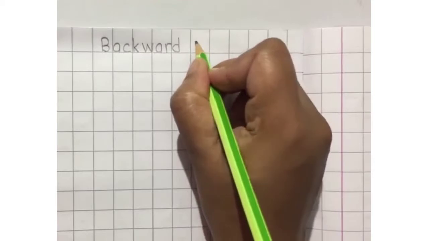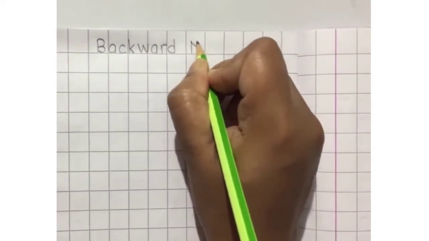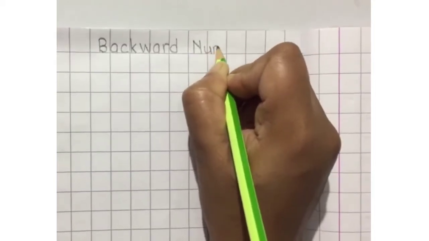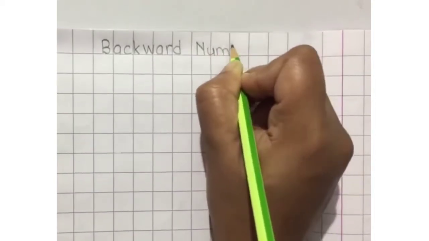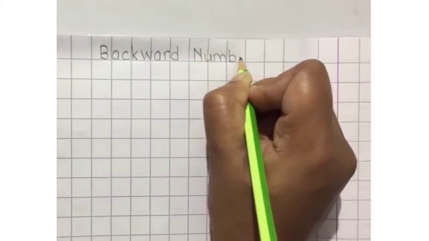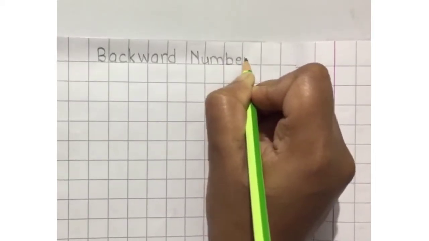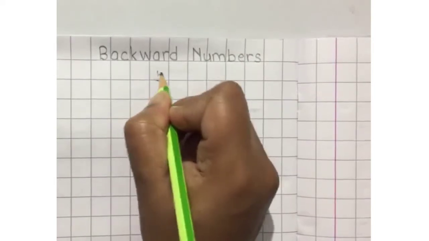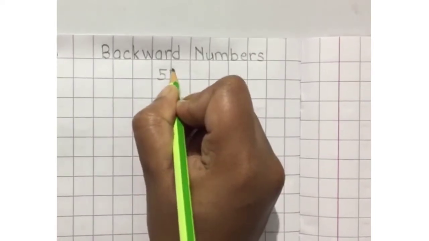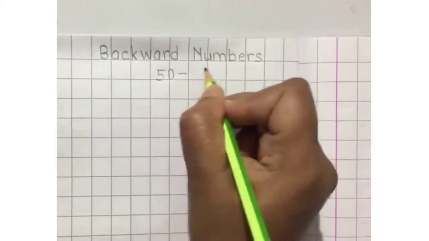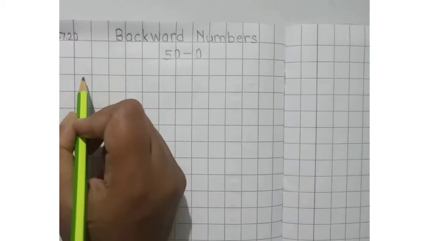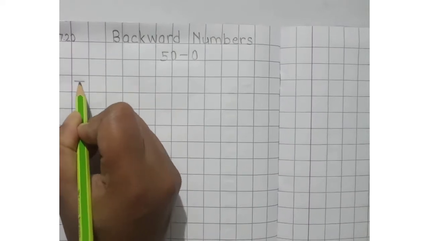One finger space, N capital, U, M, B, E, R, S, backward numbers 50 dash 0. Now leave one line near to the margin line.